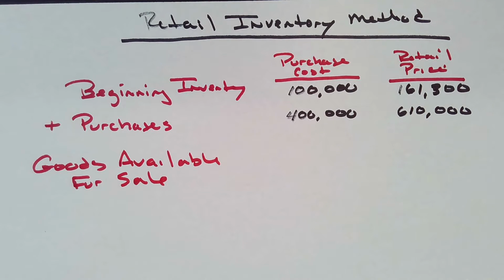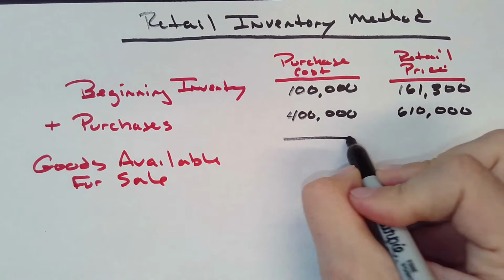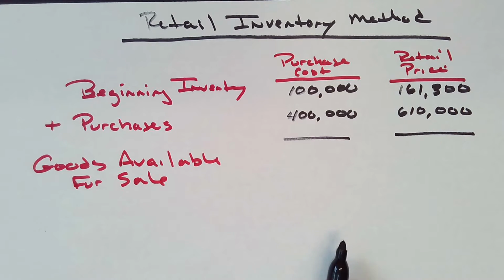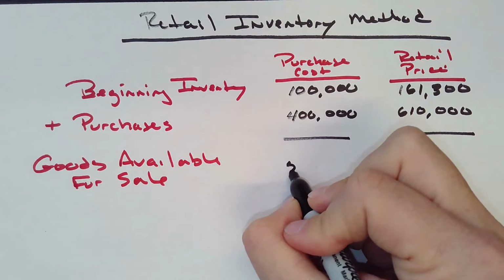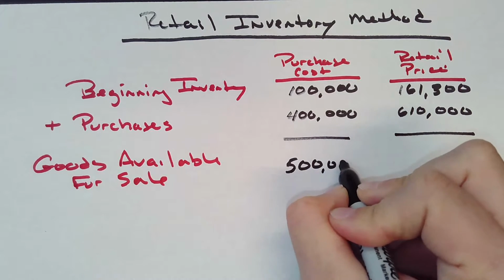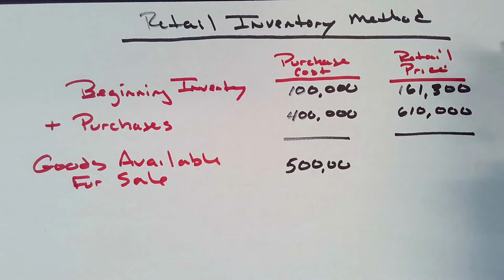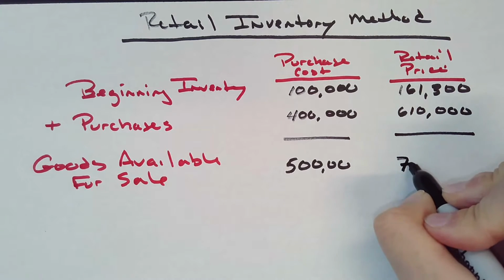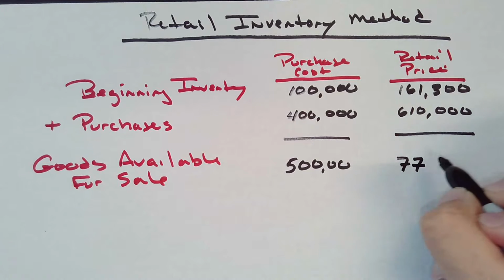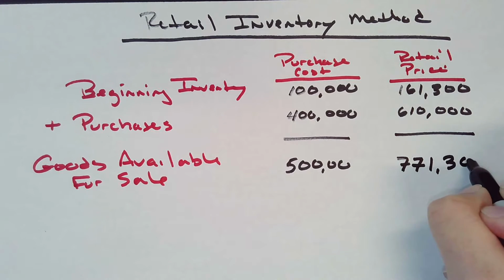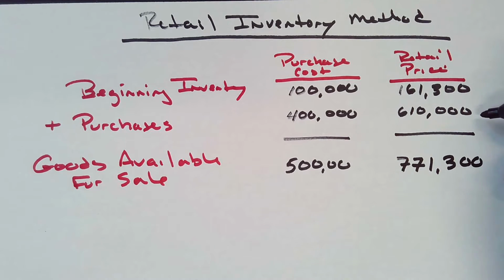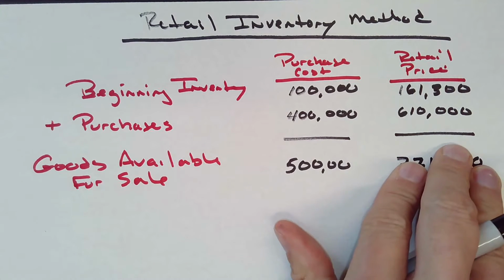So we're just going to add these up. So I got $500,000 of purchase cost, and I've got $771,300 of retail price. All I'm doing is I'm adding this and this. That's all we're doing. Nothing crazy, right? All very simple right now.